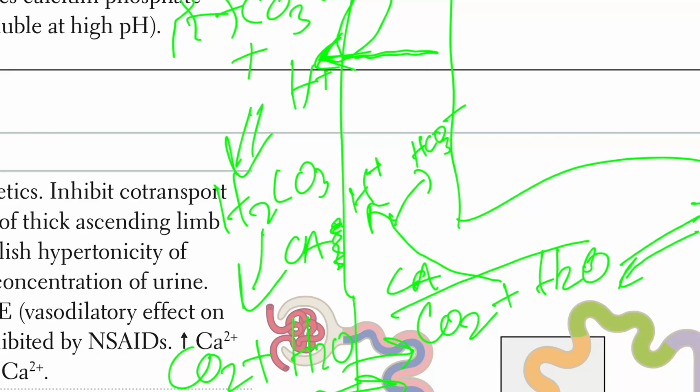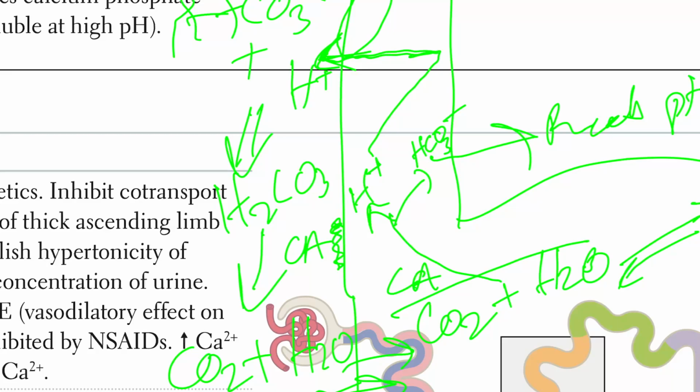Now this bicarb, we can reabsorb to maintain the pH of the body, or if we have enough, we can leave it here, and that H is just going to go out and again form the same cycle. I hope it's a little clear.